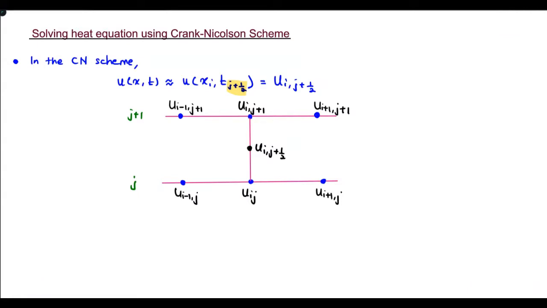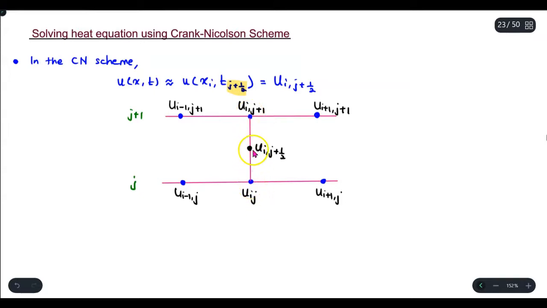Before this, the step size of t, delta t, you denote as k. So the difference between u_i^(j+1) and u_i^j, the length between this point and this point, is k.